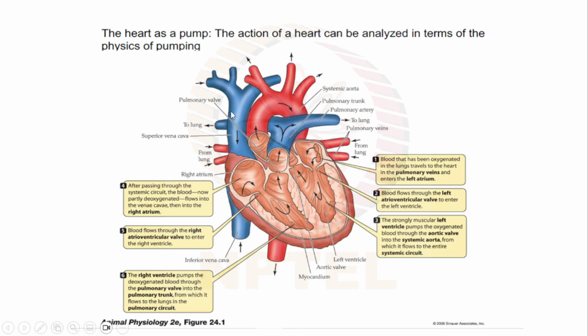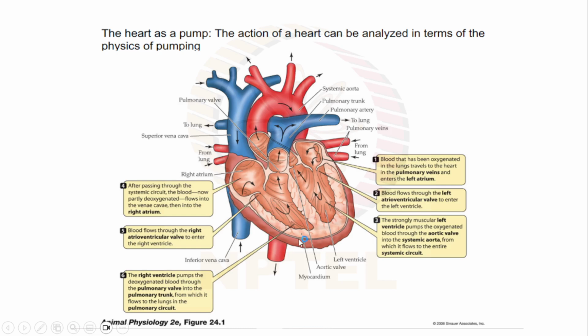Now when we come to the functioning part, there are two vena cavas. Vena cavas are veins actually. The two vena cavas, the superior vena cava and the inferior vena cava, will bring deoxygenated blood from all over the body to the right auricle of the heart.